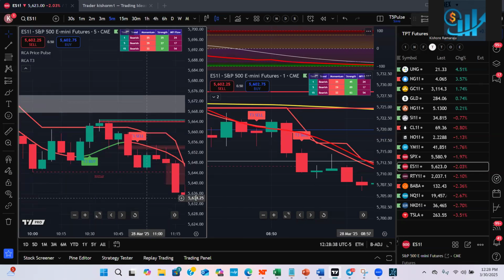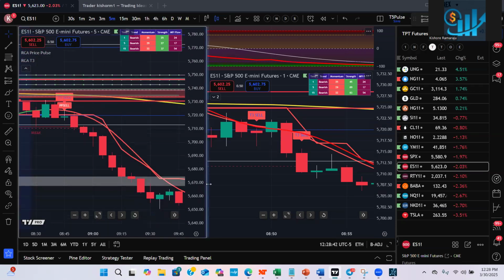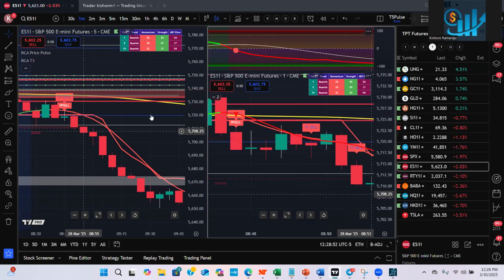So always wait for a sell signal or buy signal, right? For example, you got a price pulse sell, T3 sell around 8:45. Then this is your planning. This is where you plan your direction.